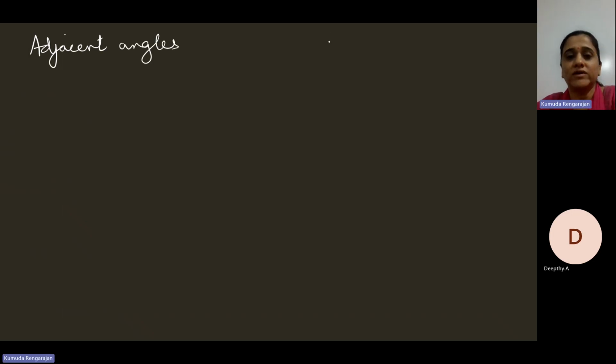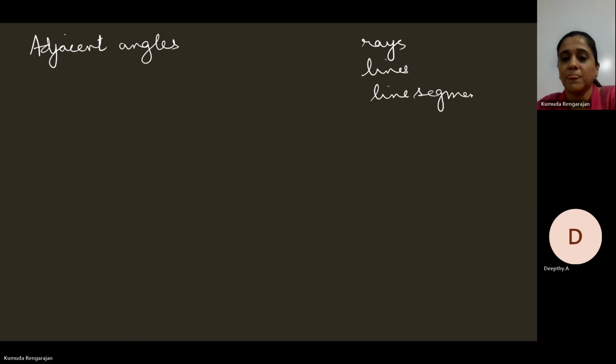Okay, so the next term is adjacent angles. So far we have discussed rays, lines, line segments, collinear points, non-collinear points, angles, supplementary angles. We forgot point, so we started with point.